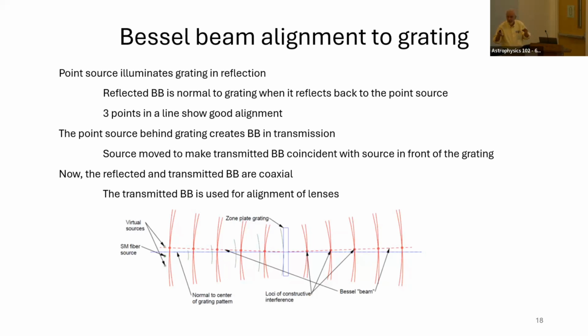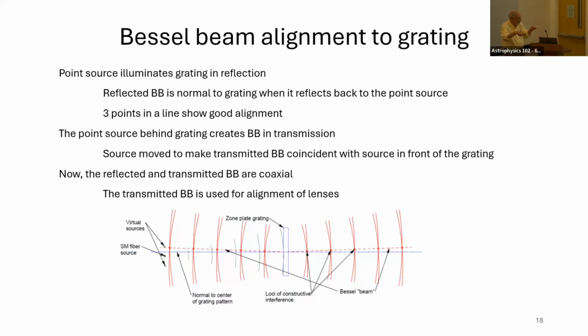For doing the alignment, I use a Bessel beam created by one source as my reference axis, and I look at it in the other direction with the PSM. I want to make sure my transmitted Bessel beam is actually lying on this reference axis, normal to the grating. So I put the PSM on this side of the grating.